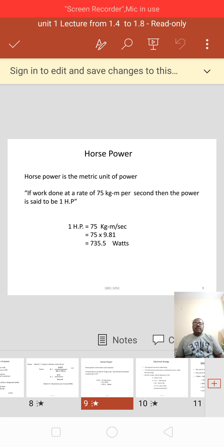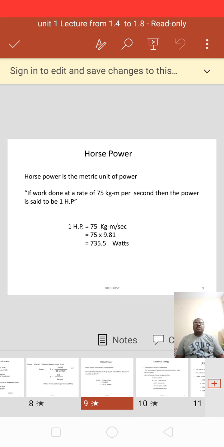Again I am repeating, if work is done at a rate of 75 kg-m per second, then the power is said to be 1 horsepower. 1 horsepower equals 75 kilogram meters per second, that equals 75 into 9.81, that equals 735.5 watts. We are converting kilogram meter per second into watts.